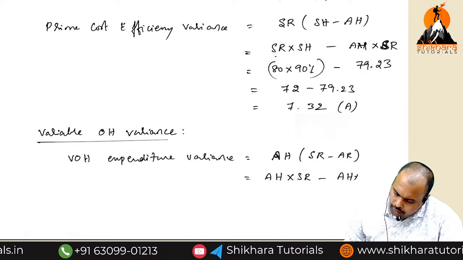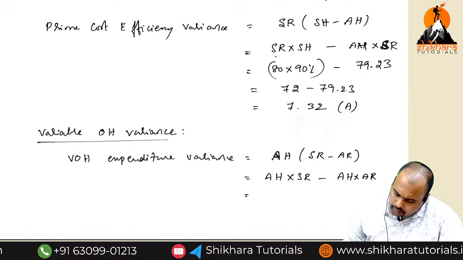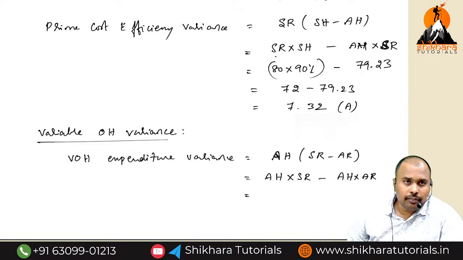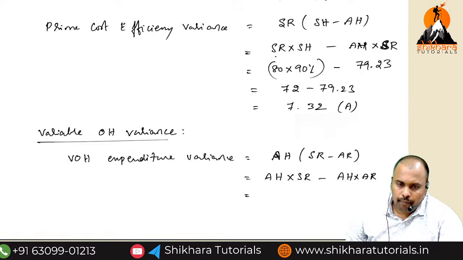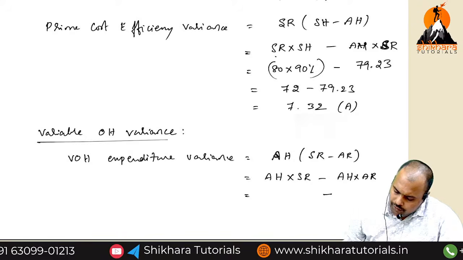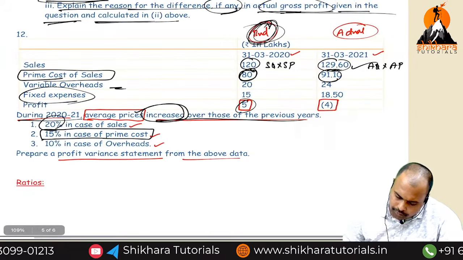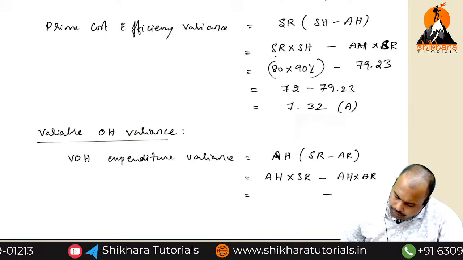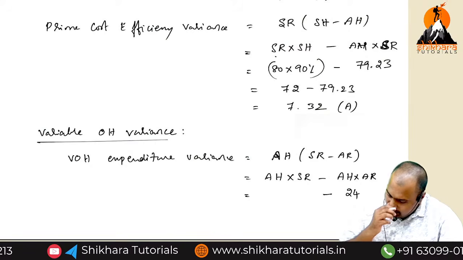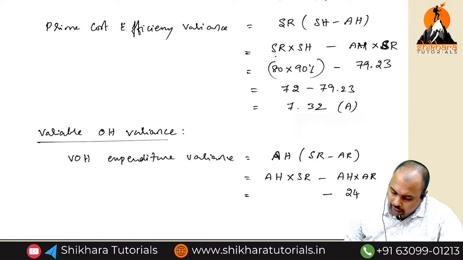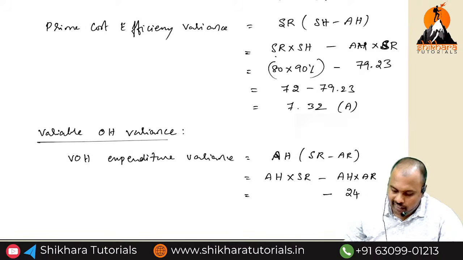Minus AH into AR, which is equal to what? AH into SR? First, AH into AR is 24. Now I know AH into AR, but SR I don't know.